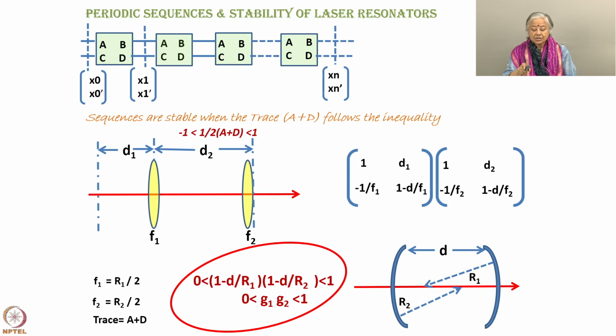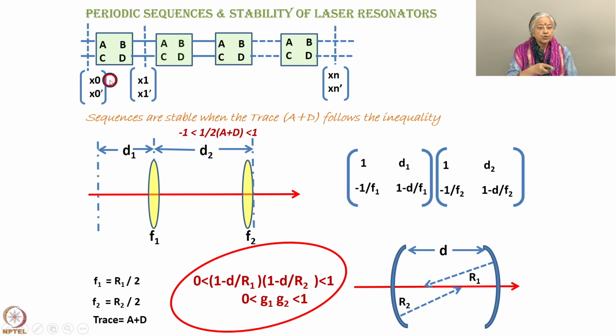Okay. So, here I have shown the periodic sequence and stability of laser resonators. This is the periodic sequence A B C D, A B C D, with some optical element here and some optical element here.